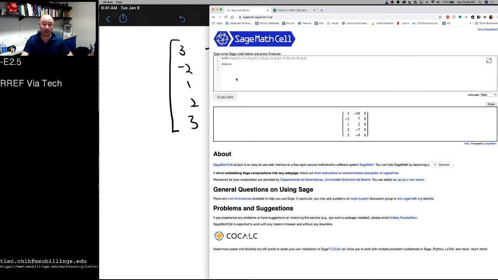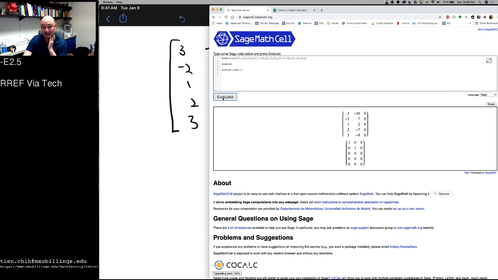So if I want its reduced row echelon form, I can go ahead and just type in A.RREF, which stands for reduced row echelon form, hit it with that, and boom, that's my reduced row echelon form. Beautiful, right?